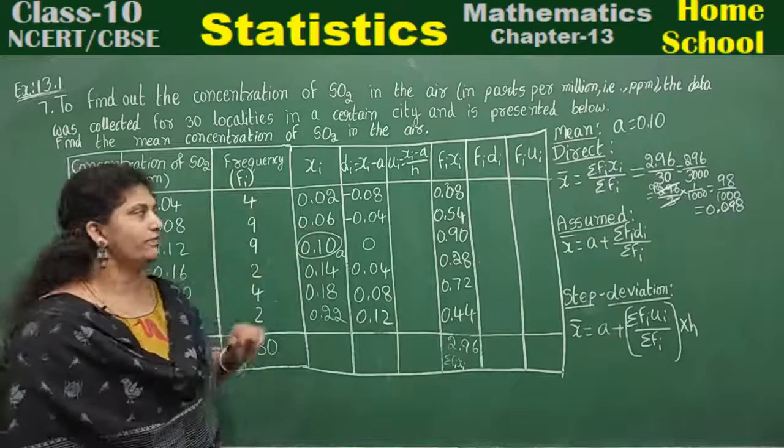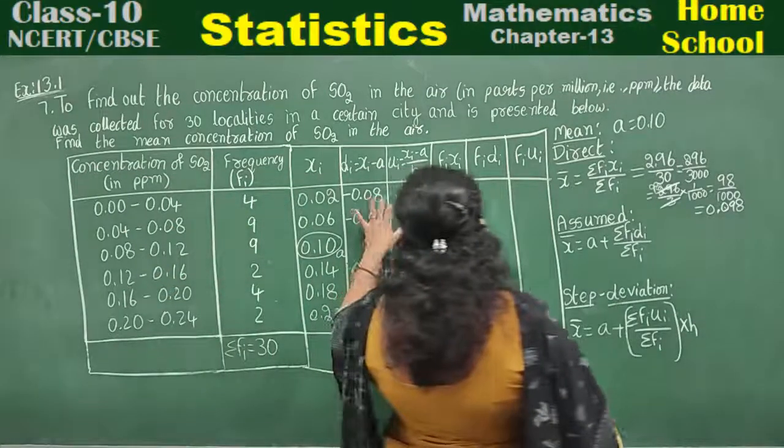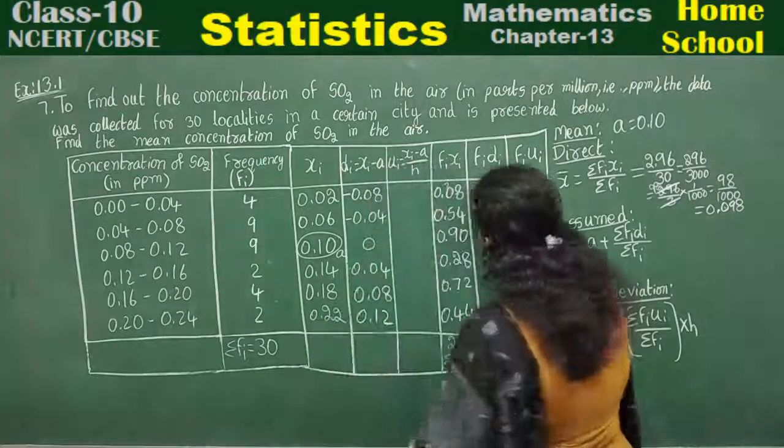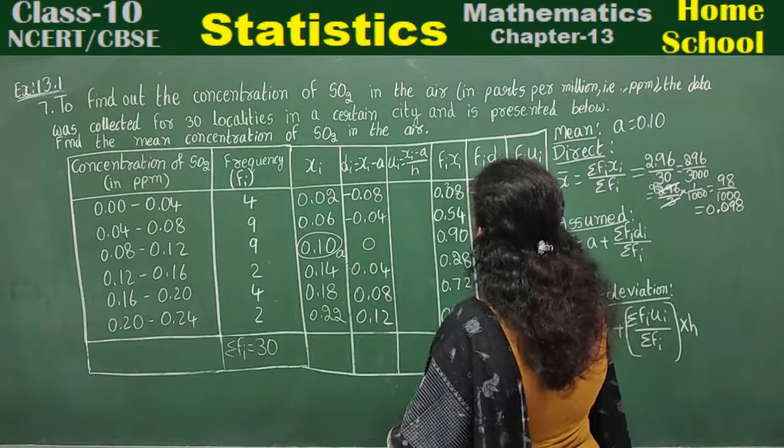F, D. Multiply 4 into minus 0.08. That will be minus 0.32.